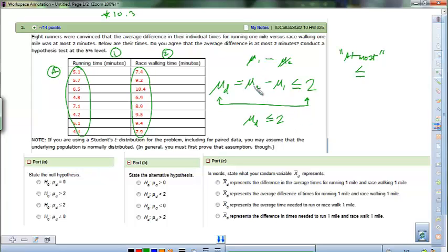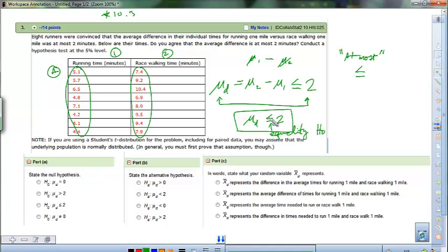And in this case we're considering mu sub 2 minus mu sub 1 as a difference, just so we're dealing with positive numbers. So if this is our setup, then this, because it contains a condition of equality, it includes equaling 2, then this will have to be your null hypothesis.